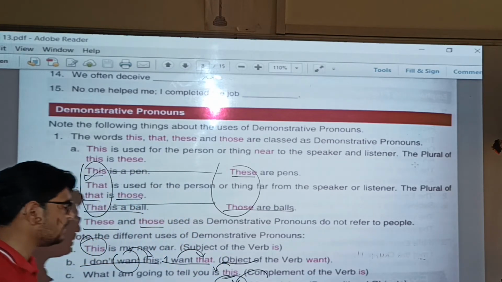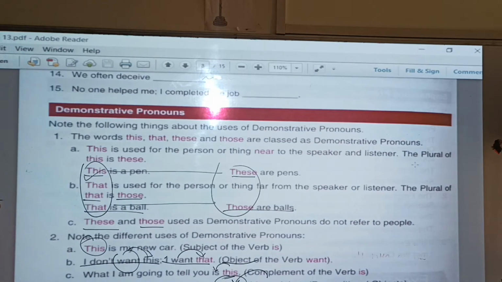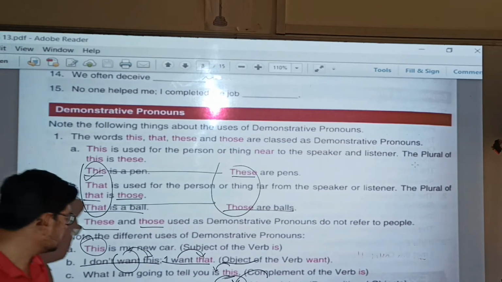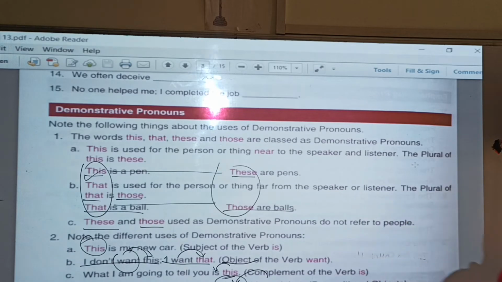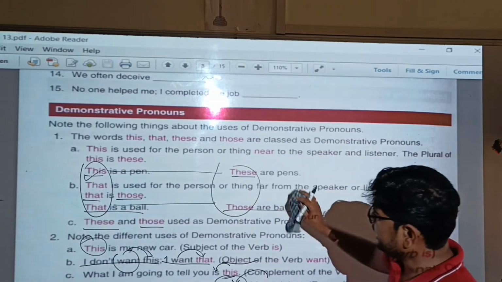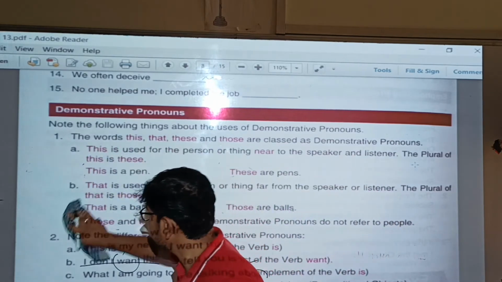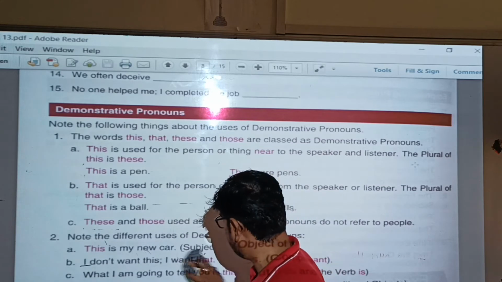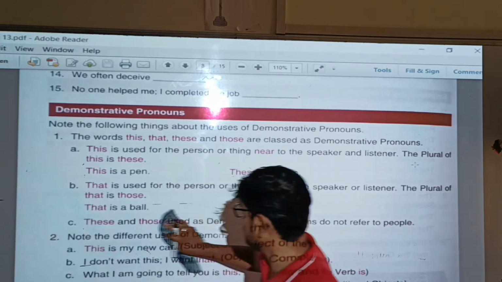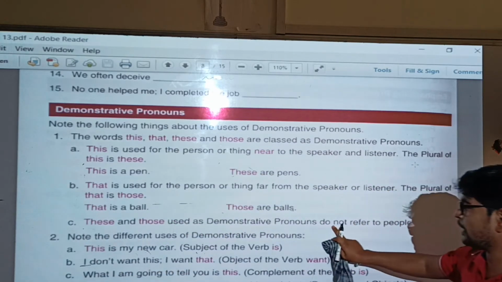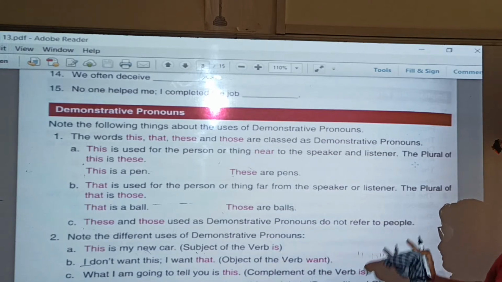Both are objects, but after a preposition. So we have understood these two points. First is singular and plural, nearer and far. Then these and those are never used for people. These and those used as demonstrative pronouns do not refer to people.